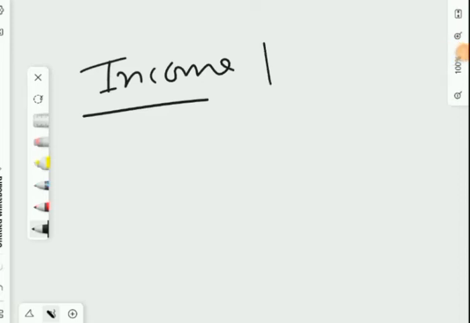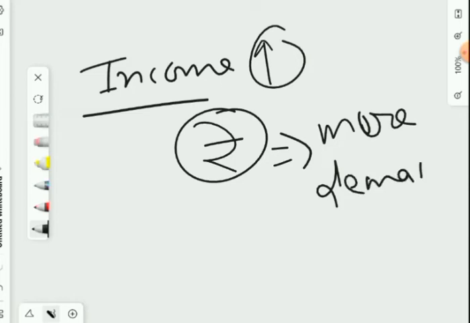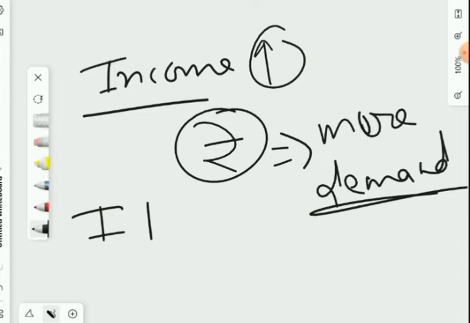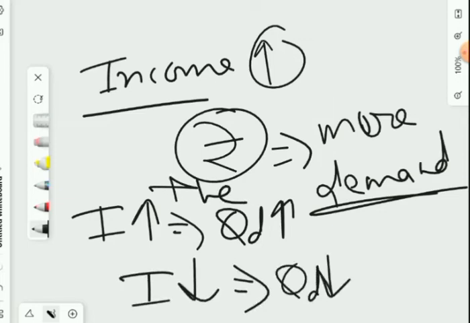If the income of the person increases, so he has more money to spend, therefore he will create more demand in the economy, in the country, in the region. So if income increases, quantity demanded increases. This is positive relationship. If income decreases, quantity demanded will also decrease.